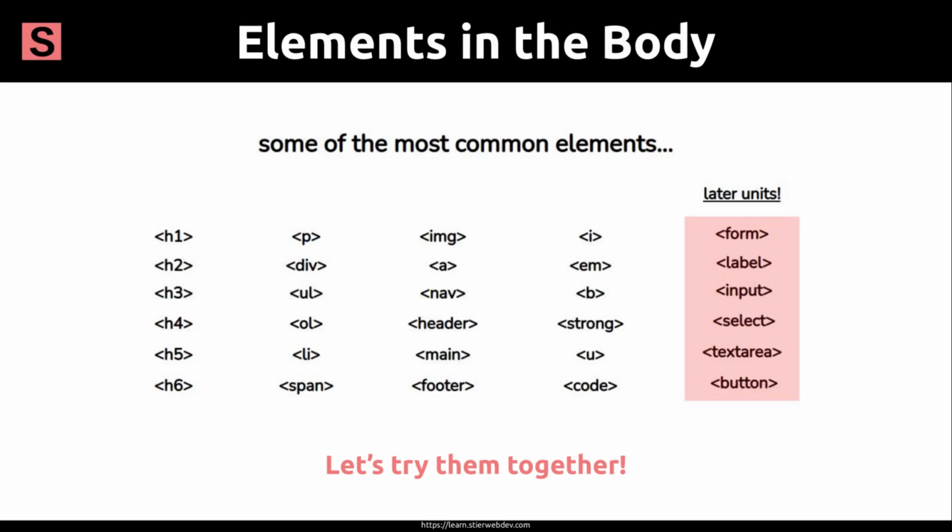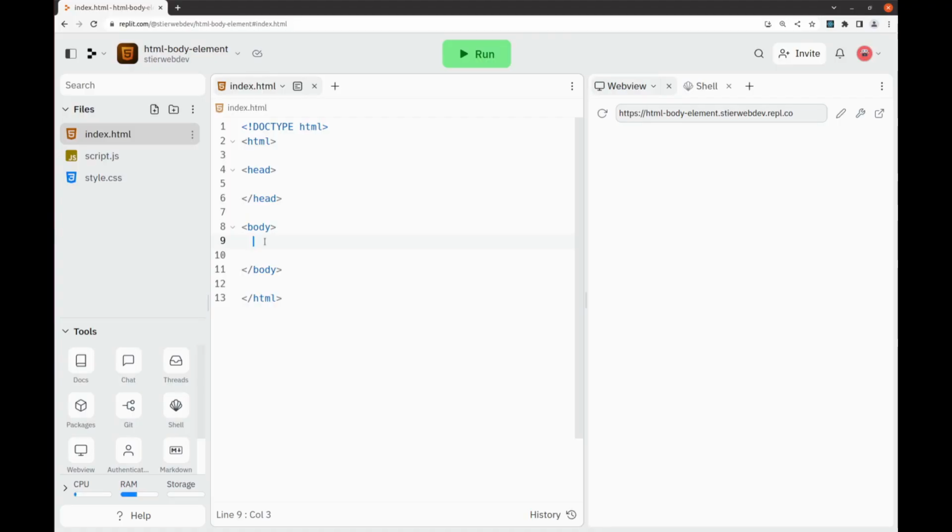Now remember, our goal is to test out each of these most common elements. So let's start with the H1 through H6 elements. I'm going to type them out. You're welcome to pause the video here and try typing them out on your own, or you can watch me do it, and then we'll explain the difference between them after we're done typing.